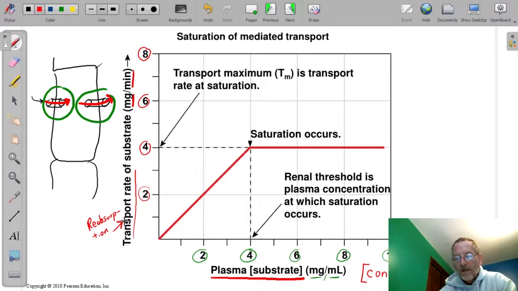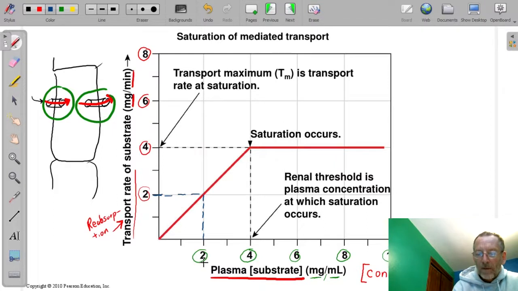According to this graph, if there are 2 milligrams of substrate per mil here, how much of that gets transported? It just so happens that it's 2 again.